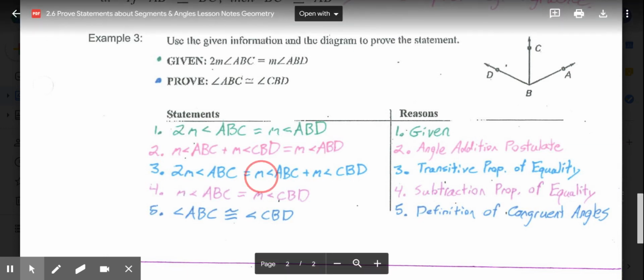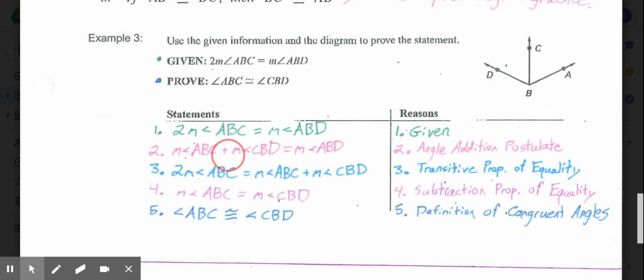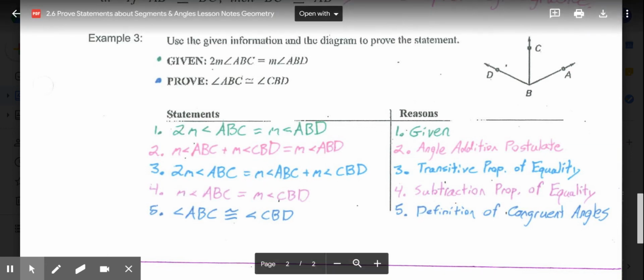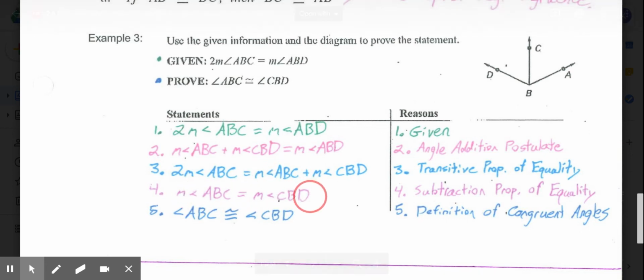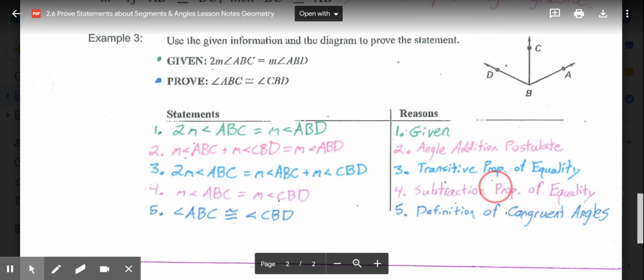Then what I could do is subtract 1 measure of ABC from each side. So if I subtracted the measure of ABC from the left and right, what I'd be left with is the measure of angle ABC equals the measure of angle CBD. By subtracting this angle measure from each side, I'm left with this statement, and that was using the subtraction property of equality.